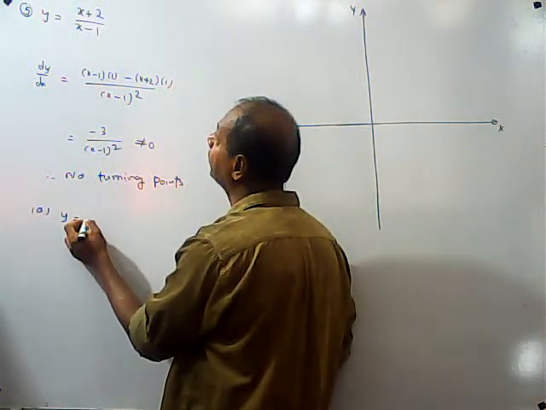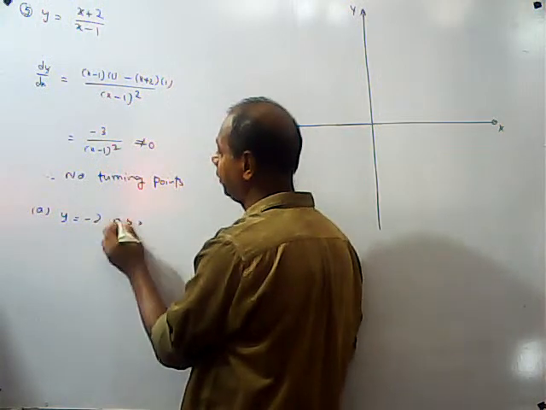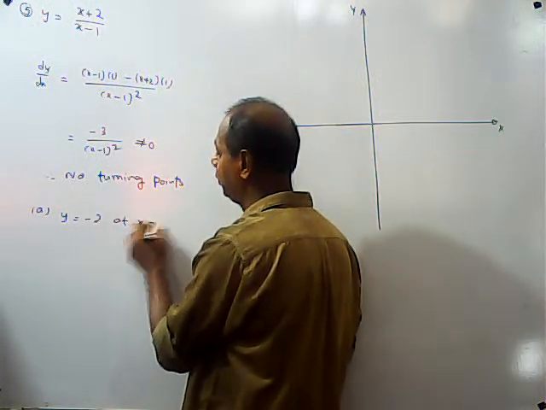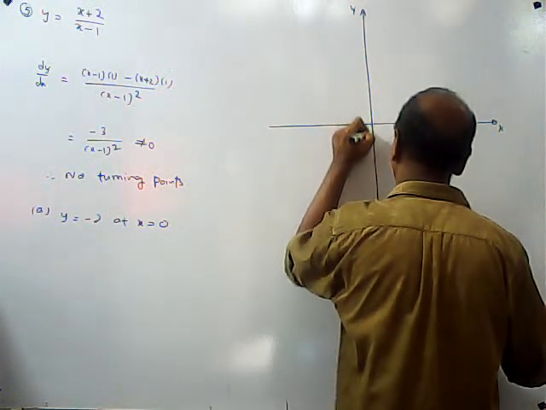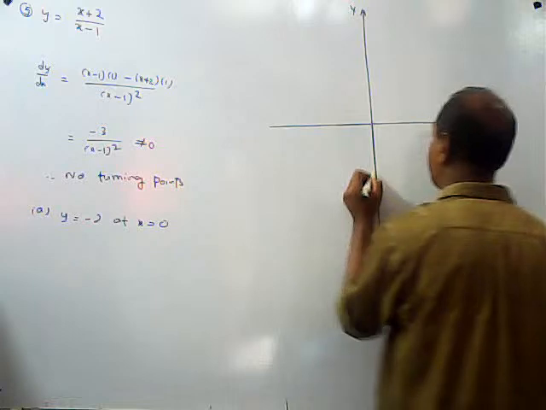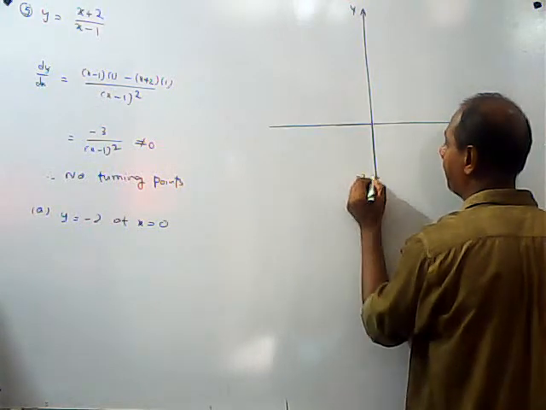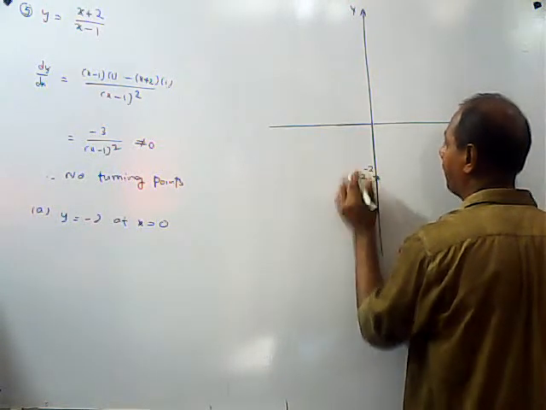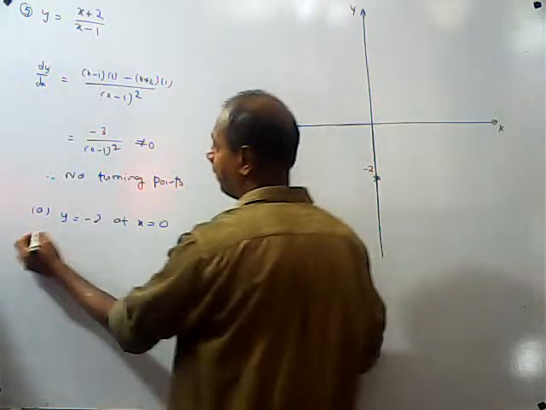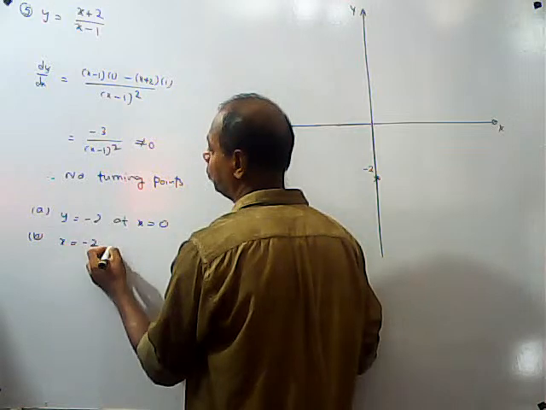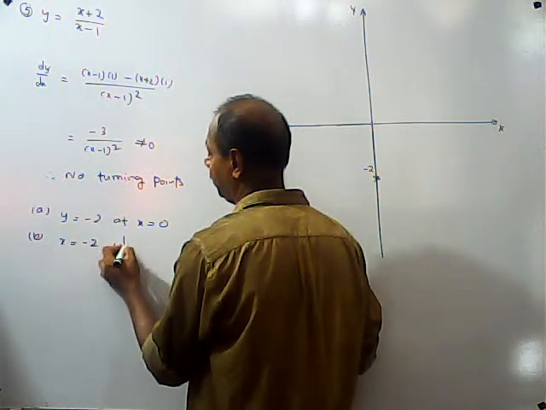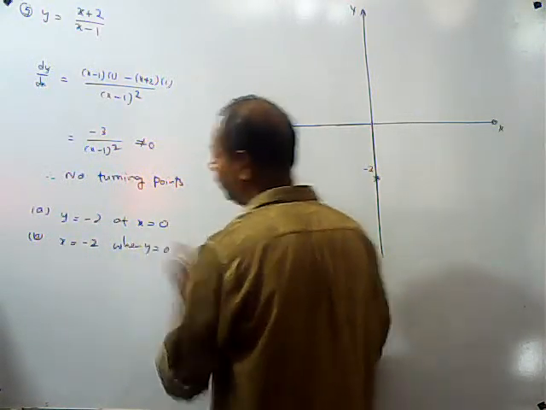y equals minus 2 when x equals 0. x is minus 2 when y equals 0.